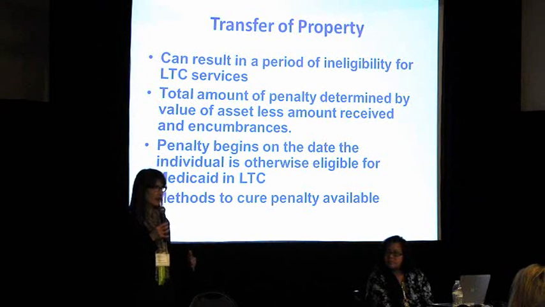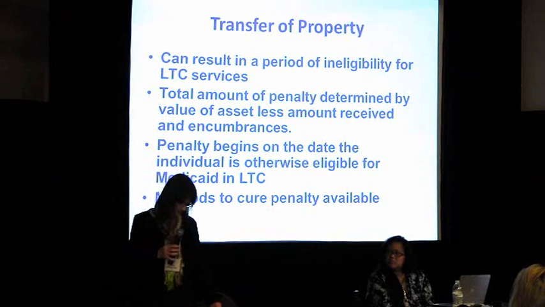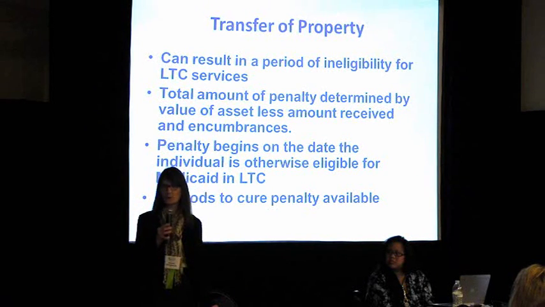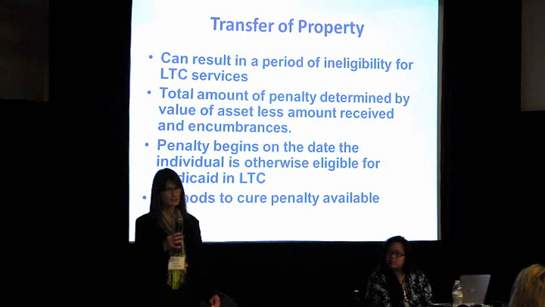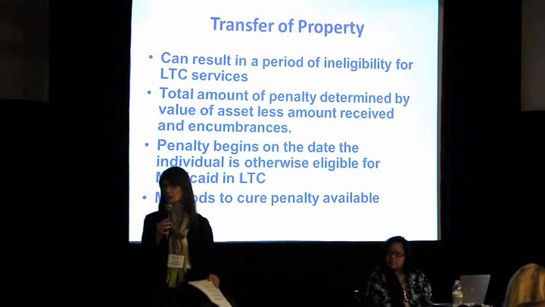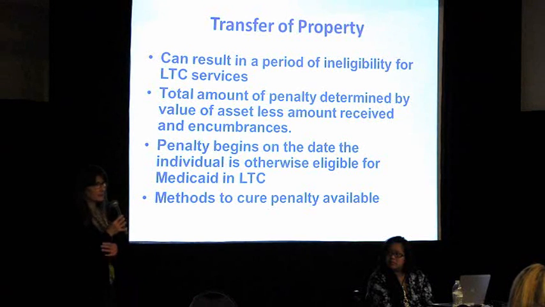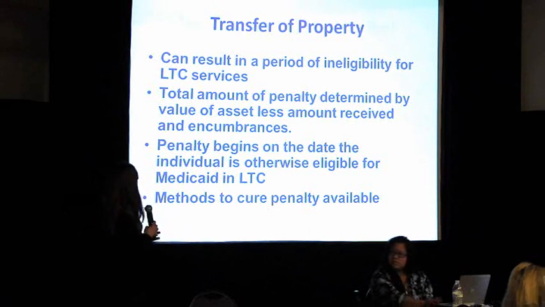We do take that off of the value too when determining the total penalty. The penalty begins on the date the individual is otherwise eligible to receive Medicaid, and there are some methods to cure penalties, and we'll mention some of those in a bit. So let's take a look at an example to see what a transfer of property penalty looks like. Let's switch slides and go look at Mabel.